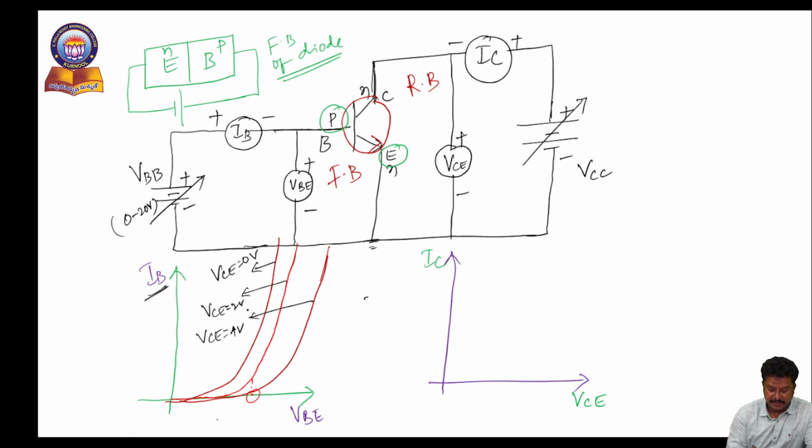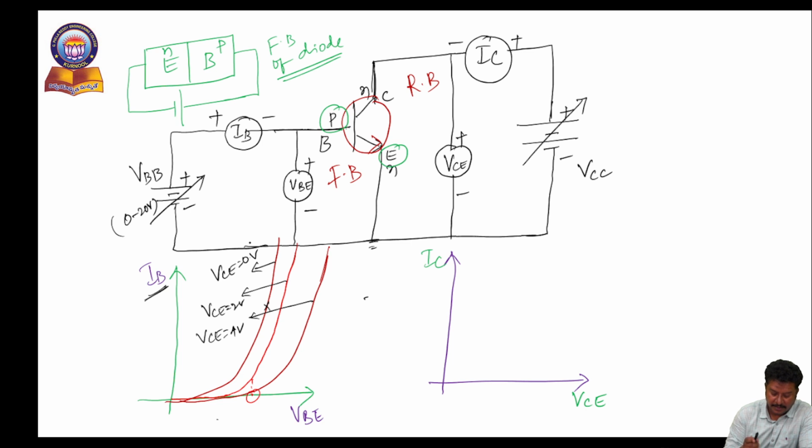As VCE varies from 2 to 4, we observe the variation of IB current. If you carefully observe, as VCE varies from 0 to 2 volts, IB current is decreasing.